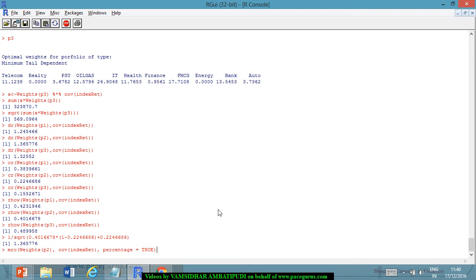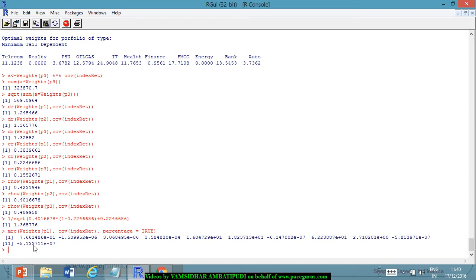So if I look at P1 first, I am giving the weights of P1 again, giving the variance covariance matrix as the input, and based on that I want to find out the marginal contribution to the portfolio risk, how each of these 11 sectors are contributing to the overall risk of the portfolio.